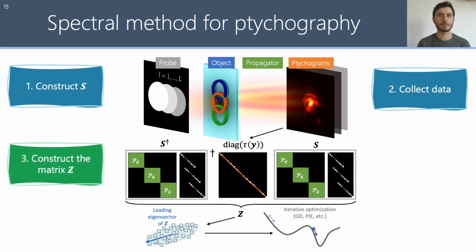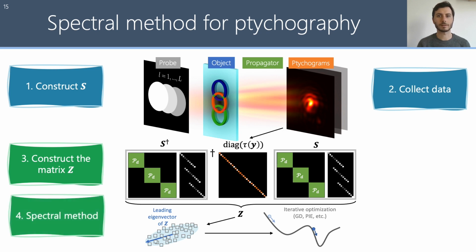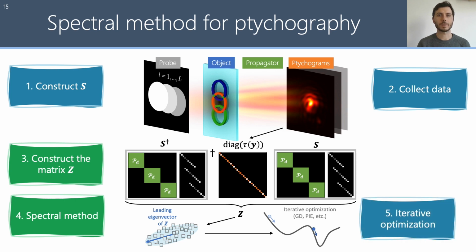Third, we construct the weighted covariance matrix Z, and then we are ready to apply the spectral method, consisting of retrieving the leading eigenvector of Z. Finally, the spectral estimate may be further refined with any iterative optimization algorithm, be it gradient descent or more dedicated ptychographic routines like the ptychographic iterative engine, or PIE.